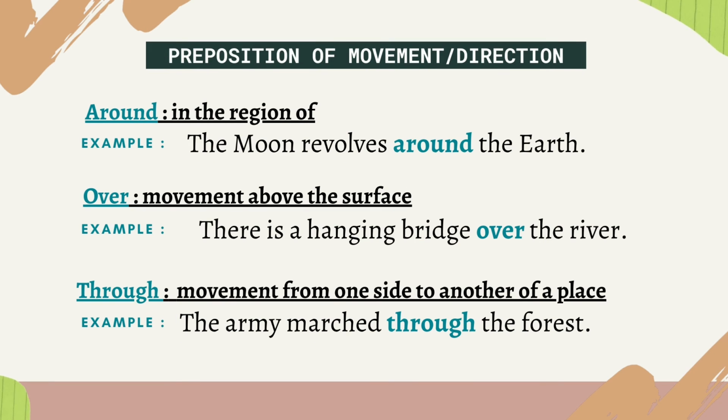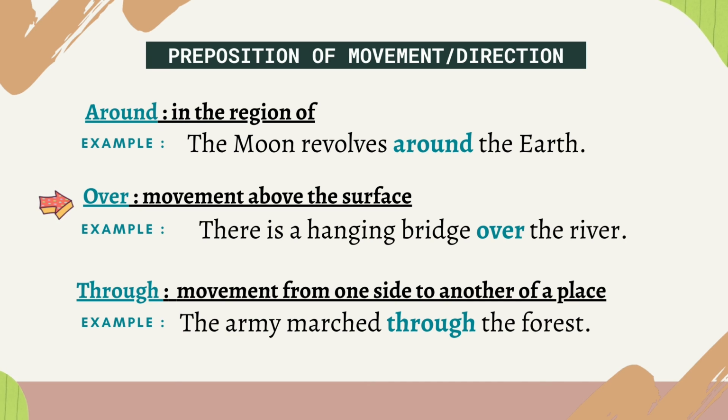The preposition around shows in the region of. The example says, the moon revolves around the earth. That means in the region of the earth. Next comes over. Over shows movement above the surface.